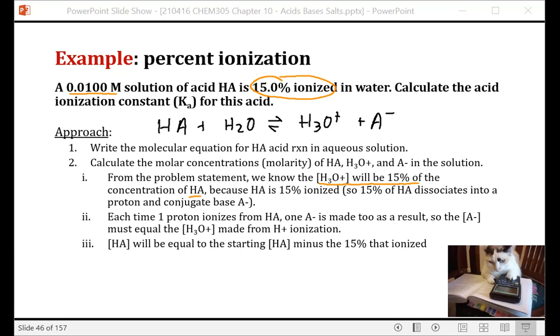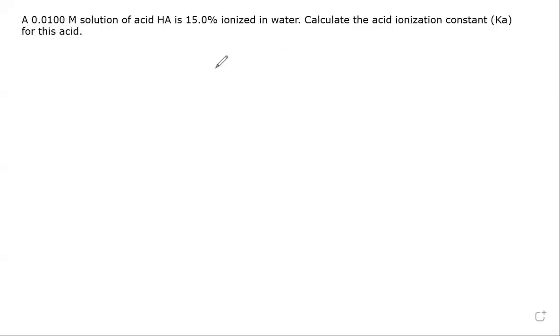So let's do this on a whiteboard together to walk through these steps. Okay, so here's our problem statement. We have a 0.0100 molar solution of an acid that is 15% ionized. Let's calculate the Ka. So you write your equation, HA plus H2O goes to H3O plus A minus.